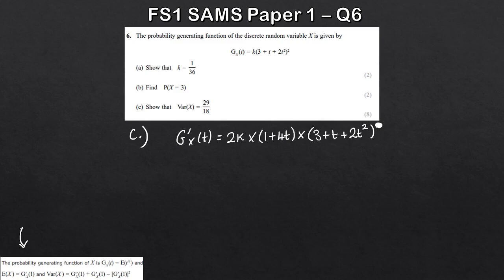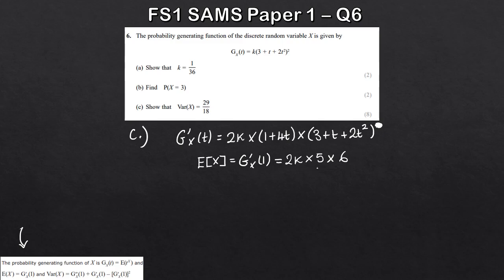All we need to do now is work out the expectation, and the expectation is given by substituting t equals 1. So we substitute 1 into here. What will we get? It'll be 2k, which we actually know what that is, because k is 1 over 36. I've got 1 plus 4t, so that would be 5. This part here, this is 3 plus 1, which is 4, plus 2, so that's 6.